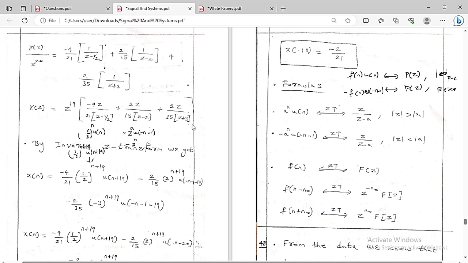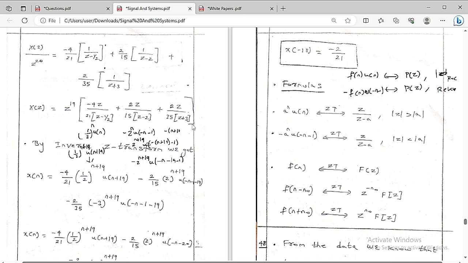So minus 2 to the power of n plus 19 into u of minus of n plus 19 minus 1, which gives minus 2 to the power of n plus 19 into u of minus n minus 19 minus 1. Same as it is.